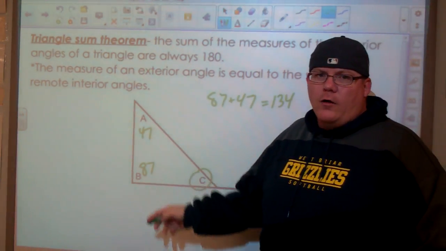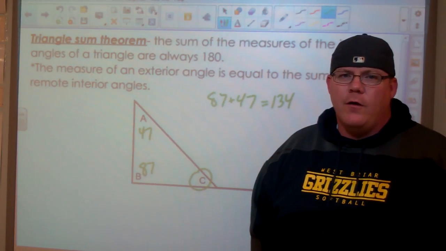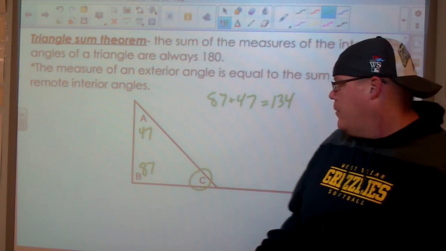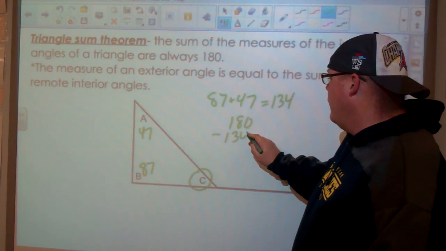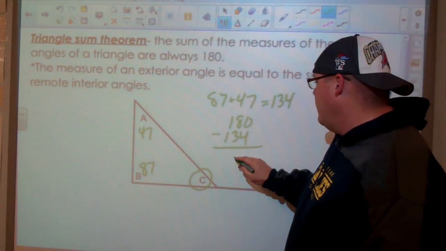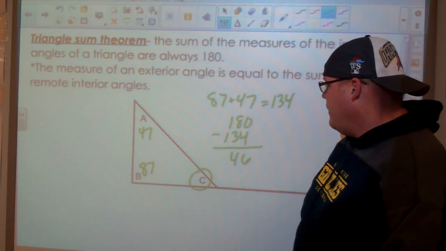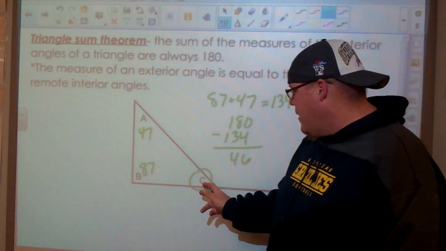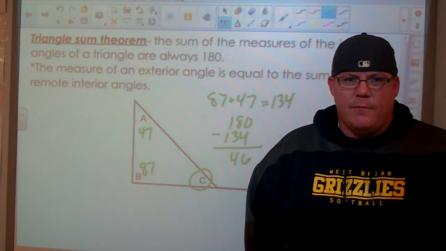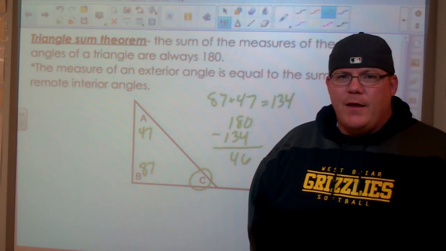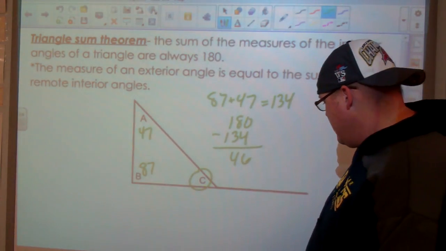Well, if I know that all together they equal 180 degrees, I'm then going to take that 134 and subtract it from 180. 180 minus 134 equals 46. So the measurement of angle C would be 46 degrees based on the triangle sum theorem. So real simple, the interior angles of a triangle, when you add them all together, equal 180 degrees.